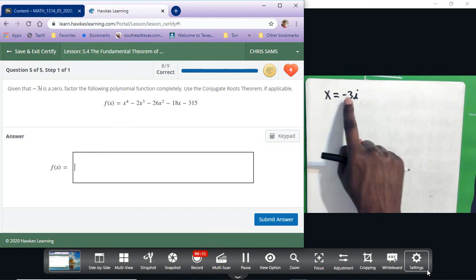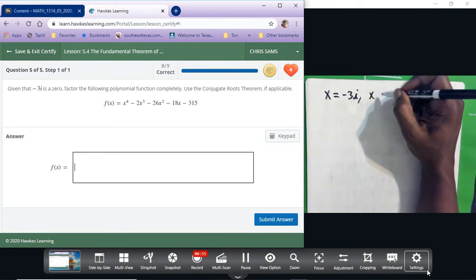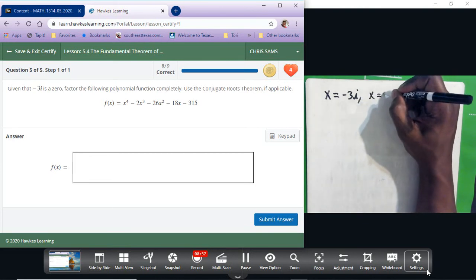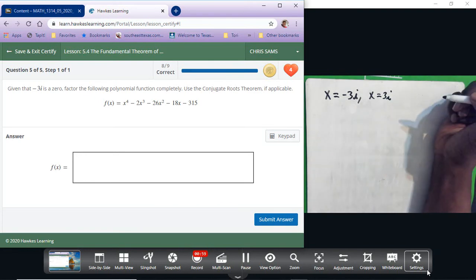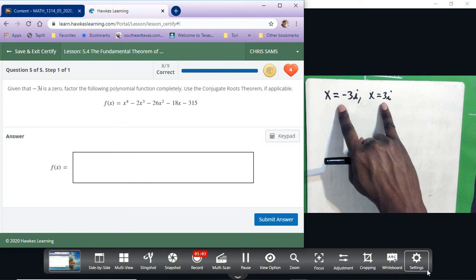So the fact that they're telling me that this is a zero also means x equals positive 3i is a zero. Okay, so these are two of my zeros. I'll do synthetic division and find those two, and then we will be able to factor and find the other two zeros.